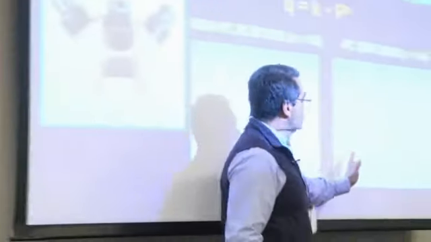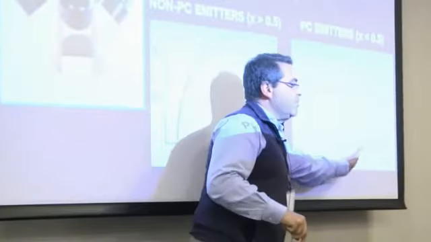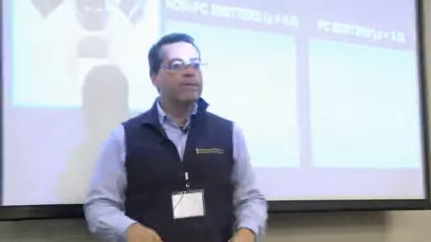When we go to a pressure compensating emitter, it doesn't really matter, because even large pressure variations don't change the flow so much. So this is the principle of the pressure compensating emitter. But all pressure compensating emitters work within a certain range of pressure.